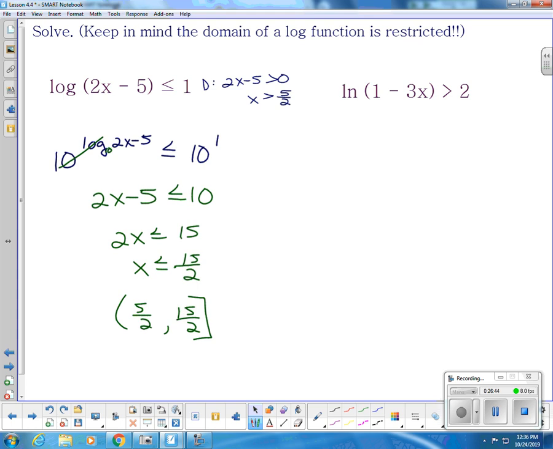Let's do the other one. So we're going to start, the base is e, so it's going to be e raised to the natural log of 1 minus 3x is greater than e to the second power. So these guys cancel and the 1 minus 3x drops to a regular.